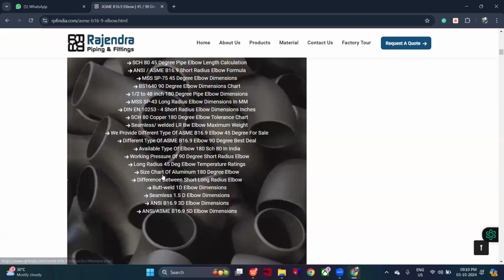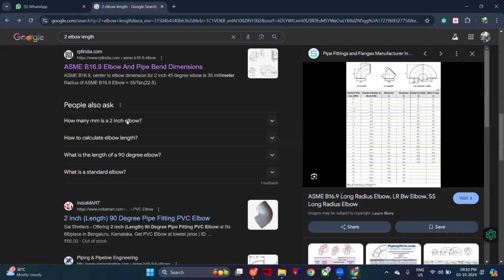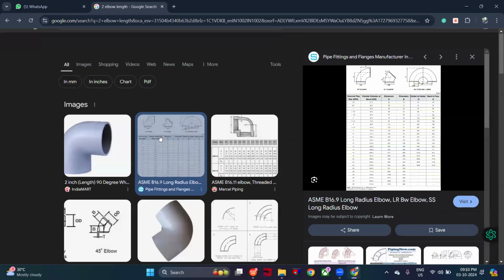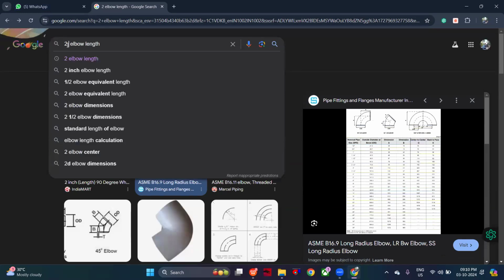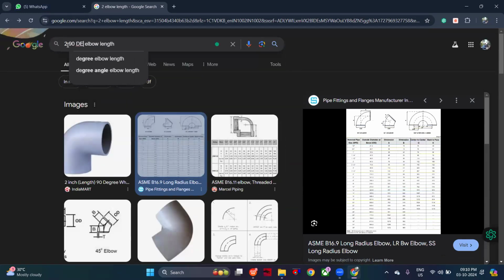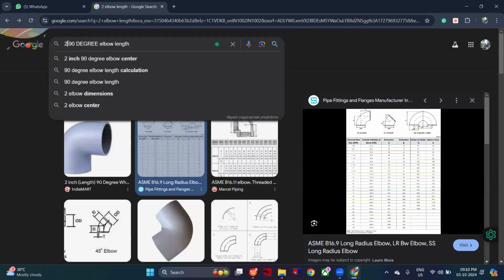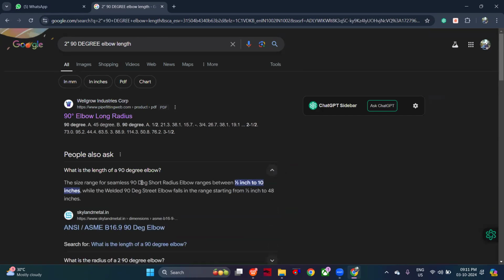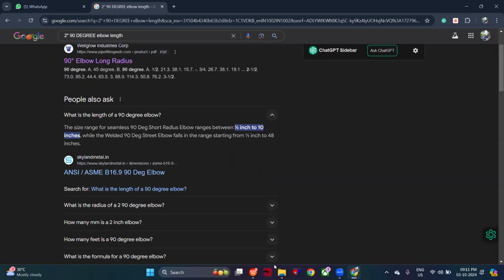My tables are gone. That's why I have to check. In my opinion, it is 5 feet.